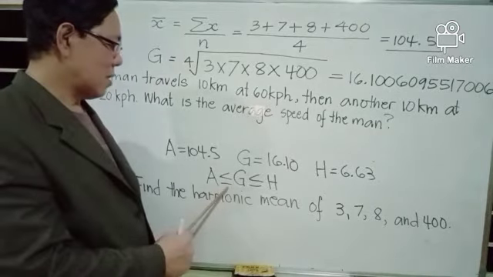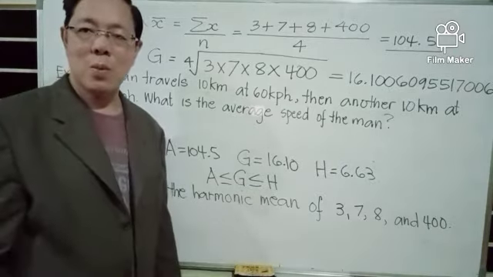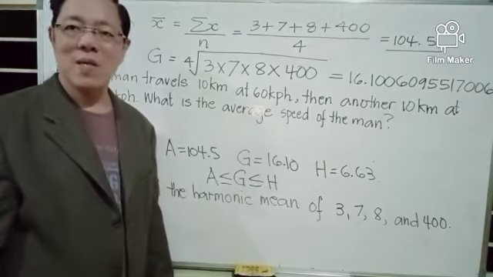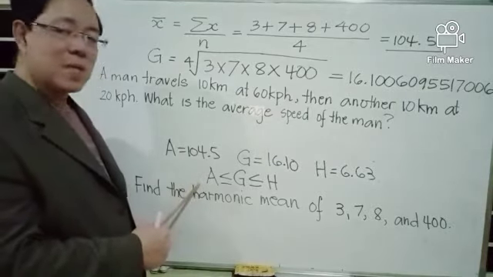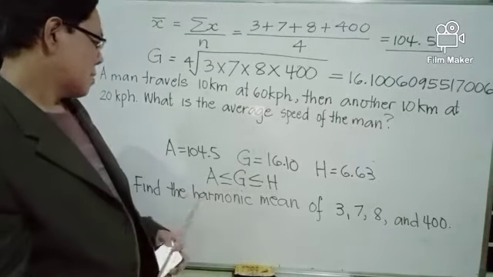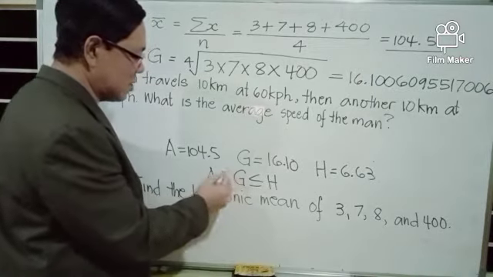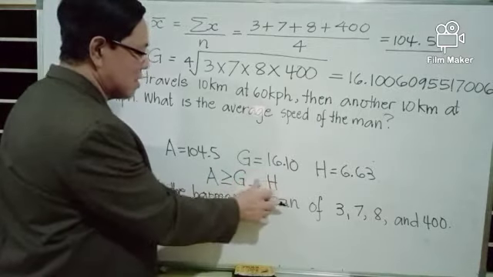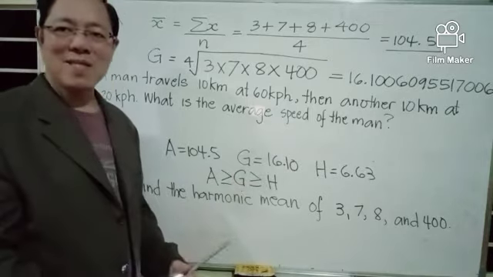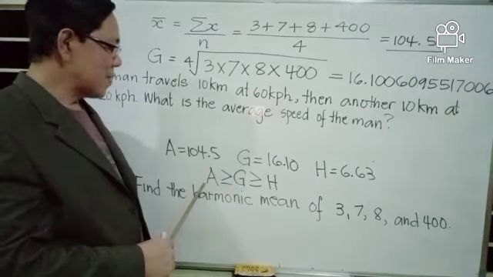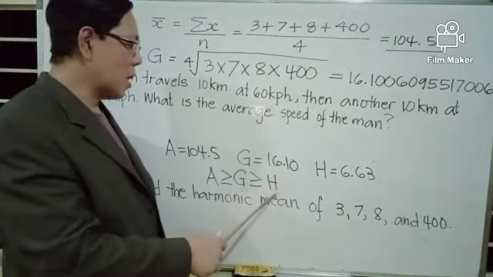That's why we have equal here: arithmetic mean equals geometric mean equals harmonic mean. That happens only when all the values in the given set of data are equal. But in general, the arithmetic mean is greater than or equal to the geometric mean, and the geometric mean is greater than or equal to the harmonic mean.